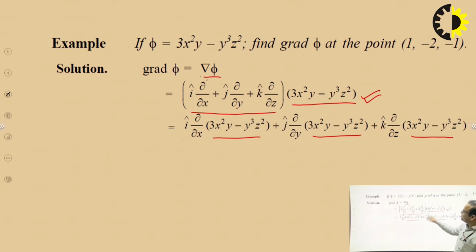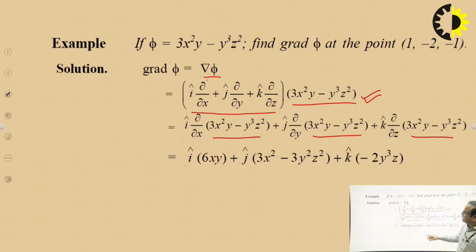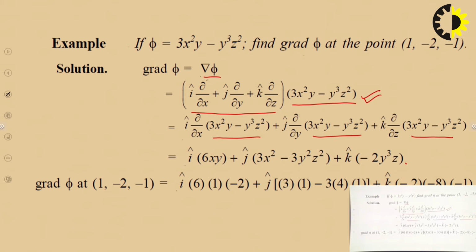After distributing, we get the partial differential with respect to x, firstly 6xy. Then with respect to y, this is the expression, and with respect to z, this is the expression of the differentiation. The partially differentiated parts are these, and then the components are solved.